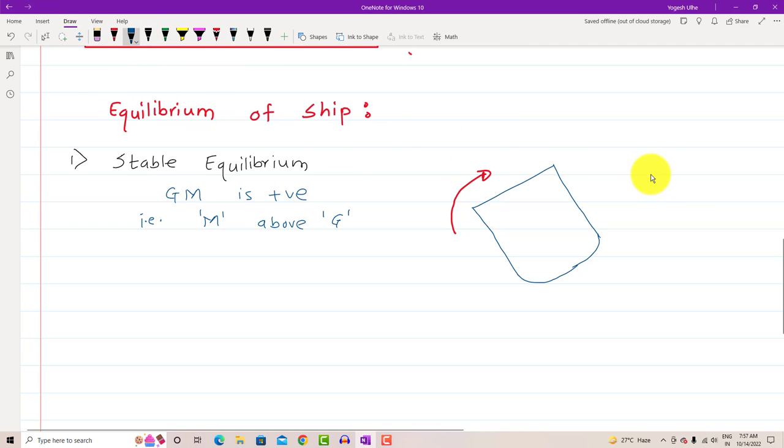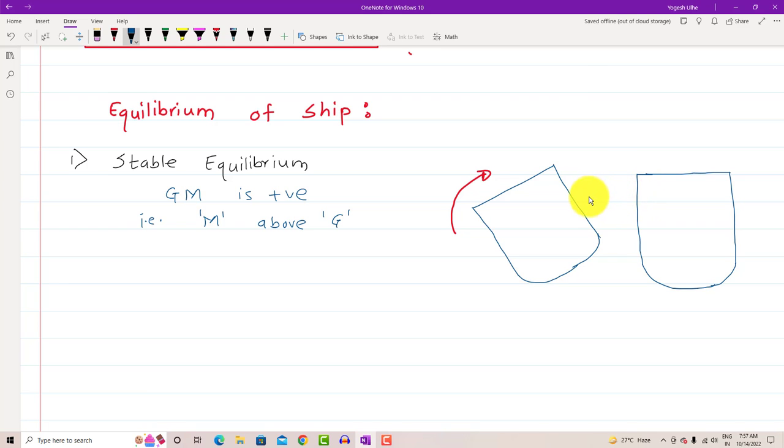If the ship is in stable equilibrium, it comes back automatically to its upright position. So that is what is meant by a stable equilibrium situation.